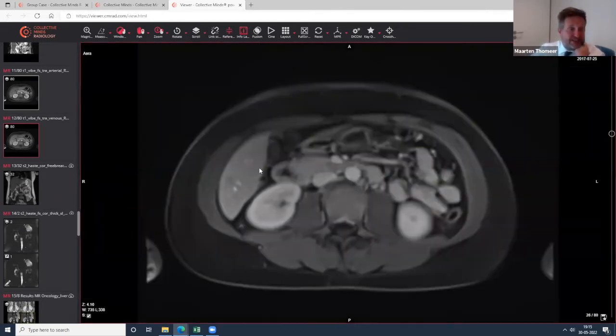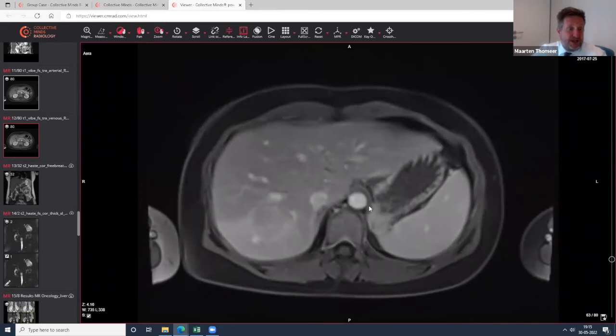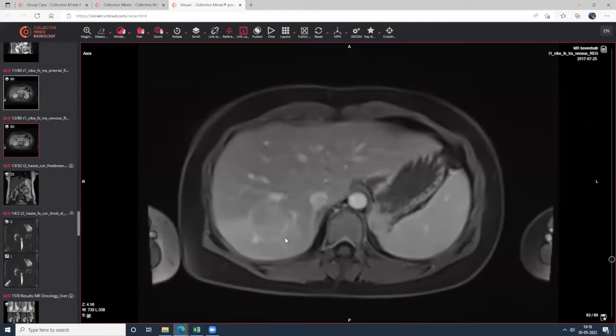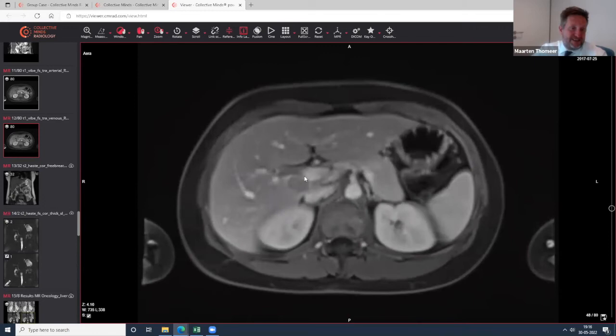It looks like the same entity. And if I go upwards, I see another large lesion here in segment 7. It's a quite heterogeneous lesion, and I also remarked a lesion here in segment 9, between segment 1 and segment 6.